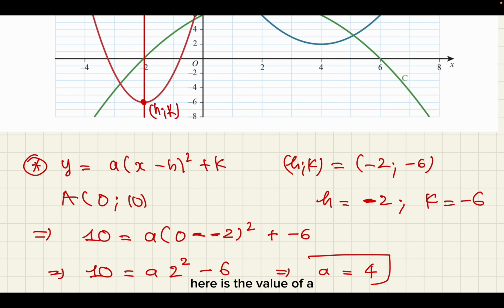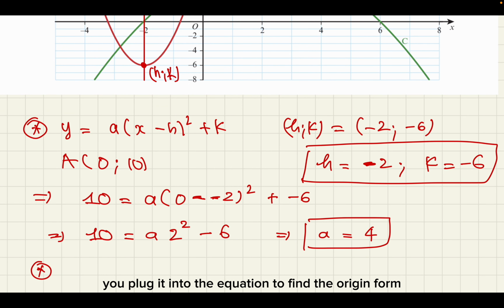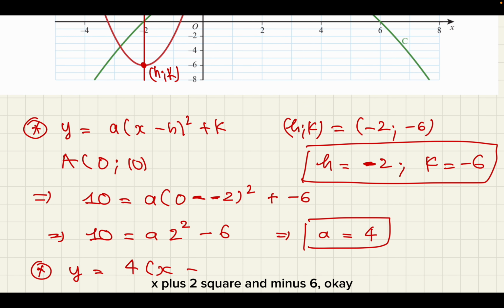Here is the value of a, and here are the values of h and k. We plug them into the equation to find the original form. The equation of the graph is y = 4(x + 2)² - 6. Here is the equation of the red graph.